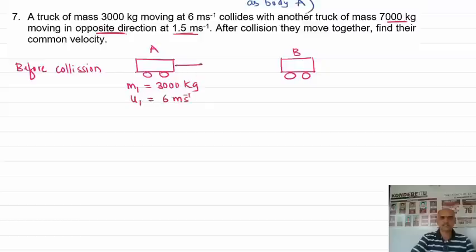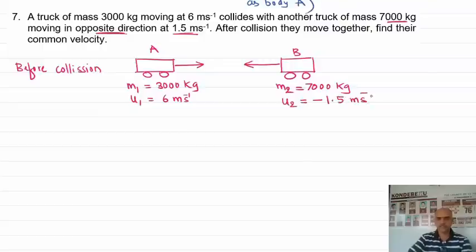This I will take as moving from left to right. Another truck of mass 7000 kg, so m2 is 7000 kg, moving in the opposite direction. So for u2 you should take negative 1.5 meters per second. Why negative? Because it is moving in the opposite direction.